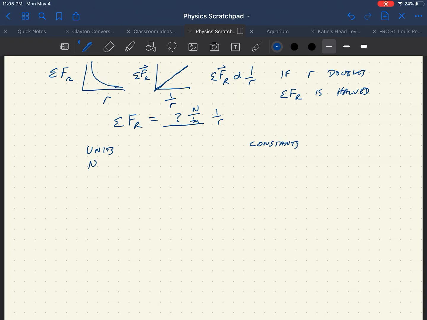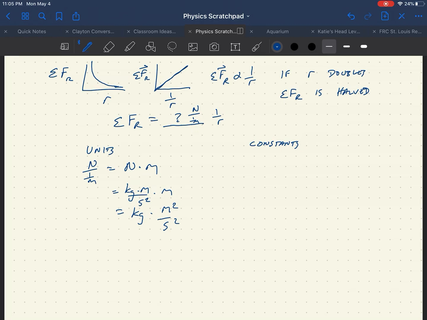Units are newtons per 1 over meter, which is equal to newtons times meters, which is equal to kilograms times meters per second squared times meters, which is equal to kilograms times meters squared per second squared. And you can kind of see where this is going.